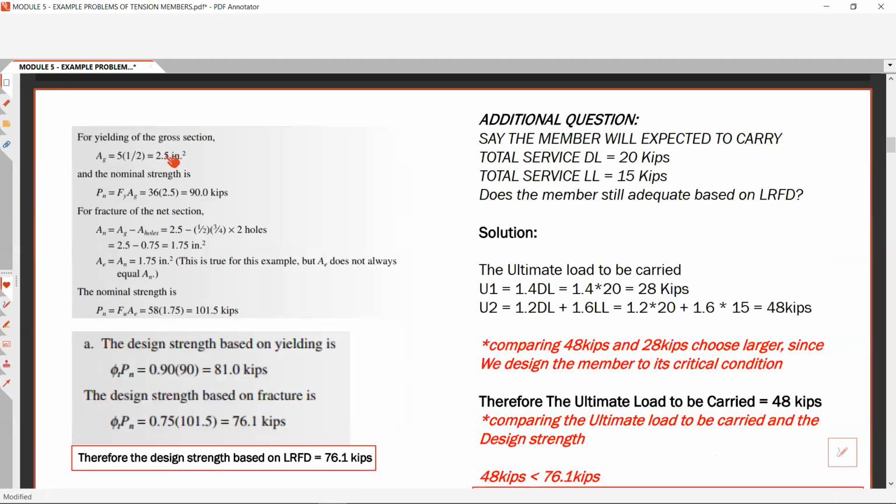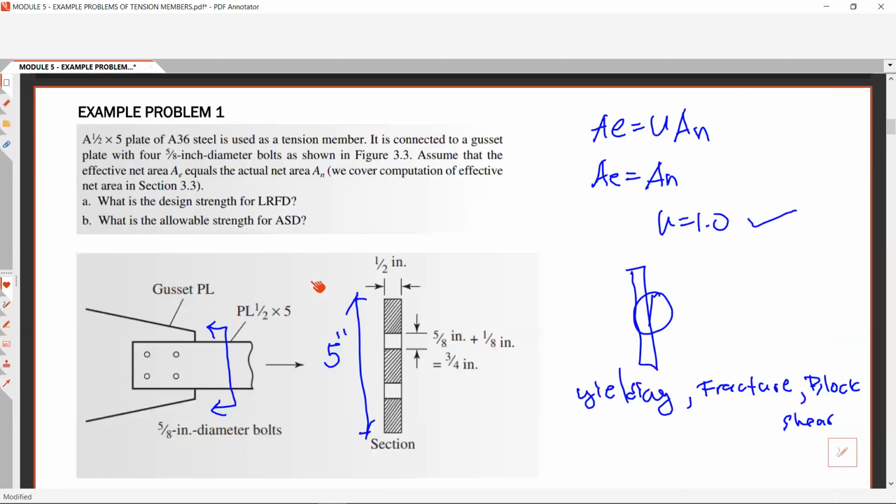Using the formula for the nominal strength based on yielding, Pn equals Fy times Ag, based on Module 4 for the gross section yielding. That is 36 times 2.5. Where does the 36 come from?